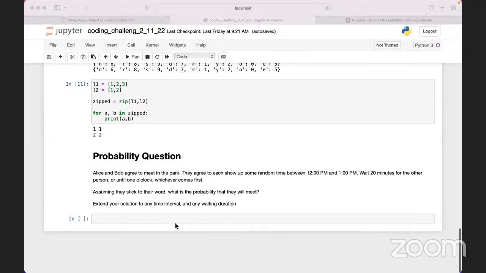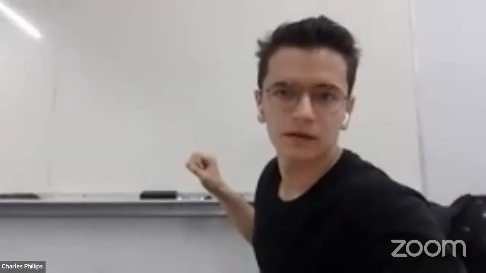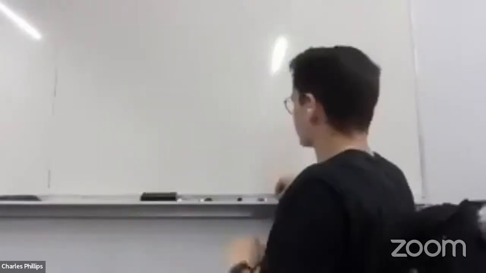Oh, sorry. Let me see if we have a darker marker. That's not any darker. Maybe writing bigger would help. Okay, let's see. Yeah, this is better. Thank you. Now I can see it.